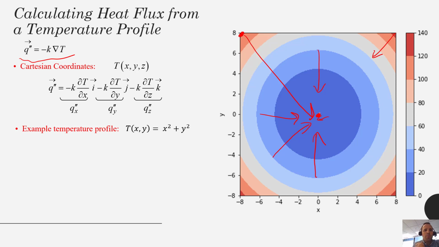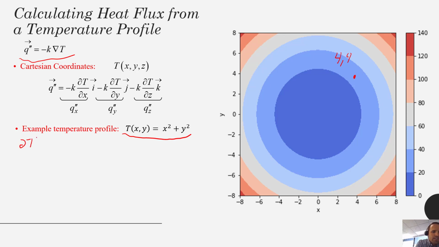Okay, so how would we apply Fourier's law? Let's just pick a point and calculate these different heat flux components for that point. I'm going to use the point, just arbitrary, x equals 4 and y equals 4. So what we would do is differentiate our temperature profile, and we would get that dT/dx is equal to 2x.